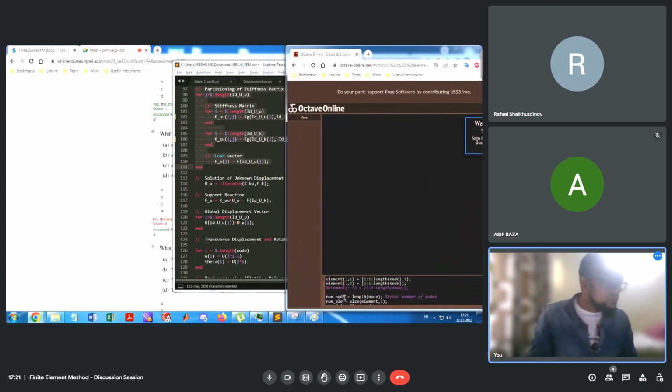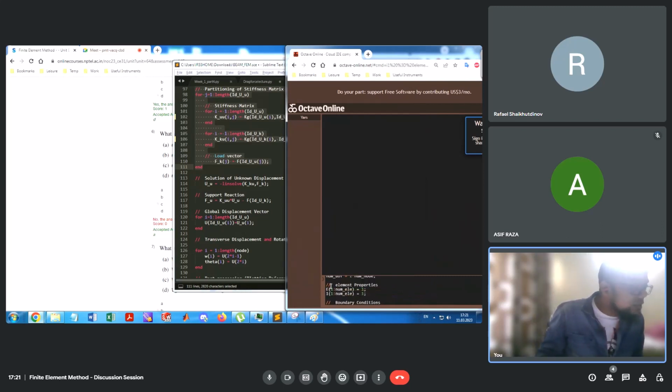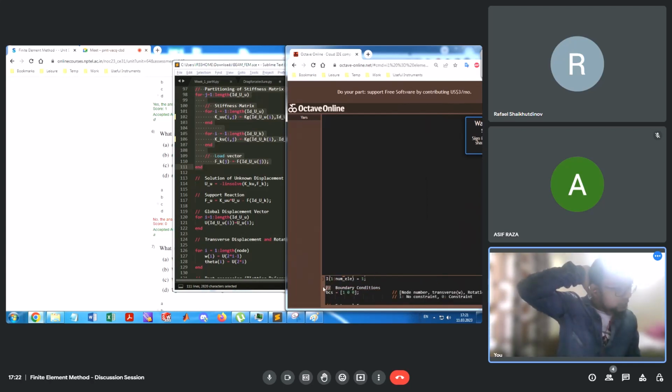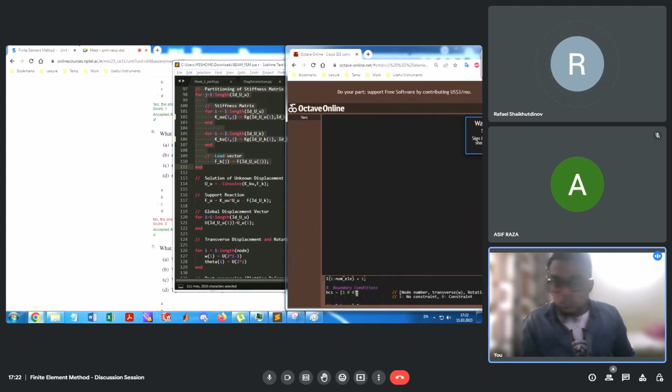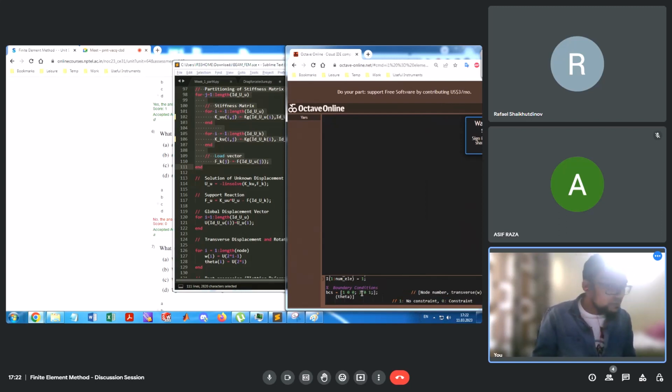So first change was you made the number of nodes to be 6. Yeah, that's fine. Now in the boundary conditions part, we had to make change. So 1, then 5, no, sorry, 3, node number 3, 0, 1, yeah, 501. That's it.